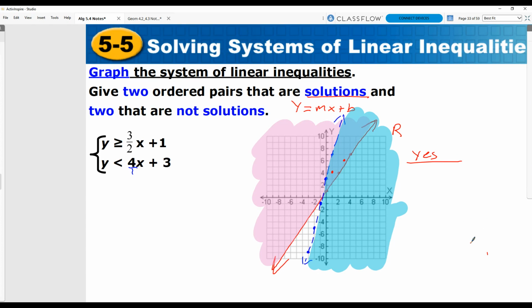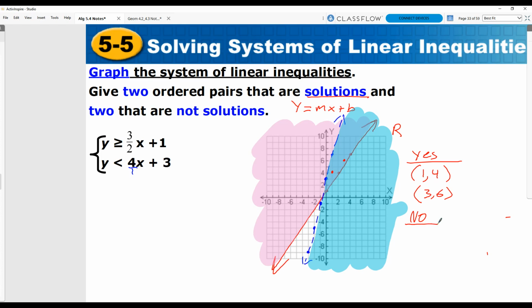Okay, so we'll go ahead and name these two ordered pairs. So I picked (1, 4). And my other solution was (3, 6). Okay, so there are two solutions that would work. Two ordered pairs that are solutions.